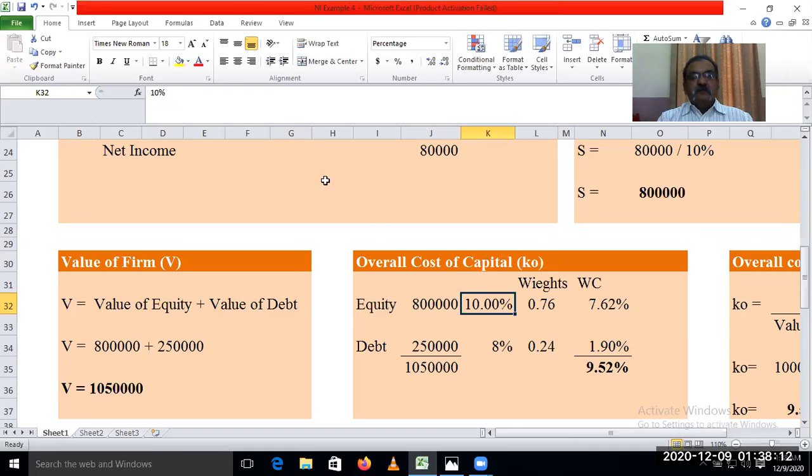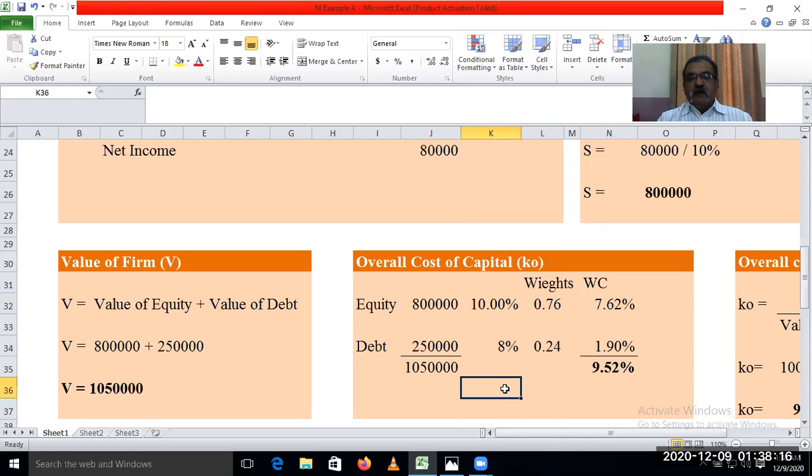Then the specific cost of capital. When it says specific cost of capital, you can check out the specific cost of equity is 10%, which is nothing but the equity capitalization rate, which is given in the example. So it means the specific cost of equity is 10%.